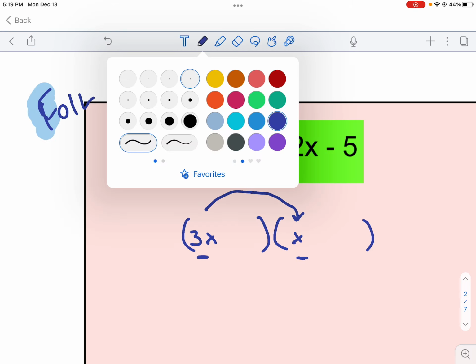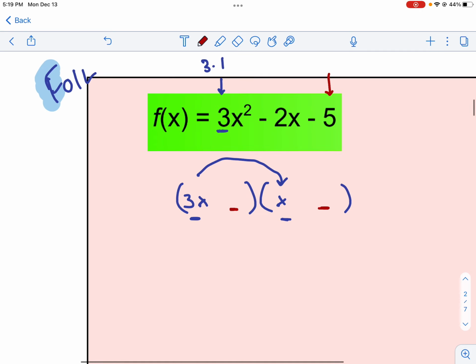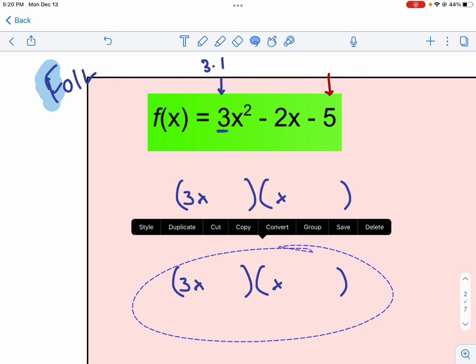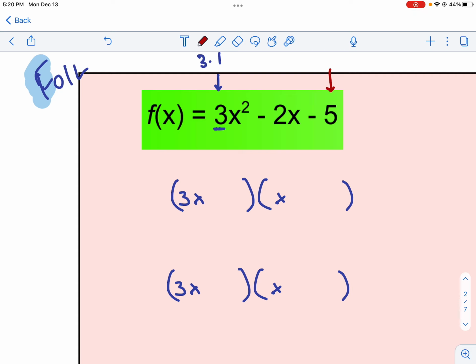The other one that is really restricted is your L, your last two connections. These have to be something that multiplies to -5. So when you do brute force, you are setting up an equation for guess and check. And so you would say here, I'll do a couple of these just so we have some copies on hand, that either this equation is going to look like this. It's going to be 3x plus 1 and -5.